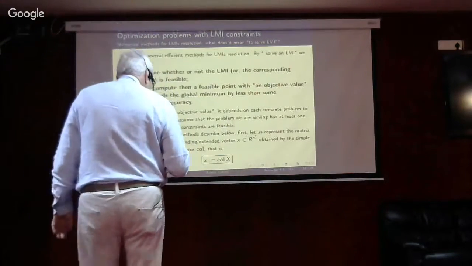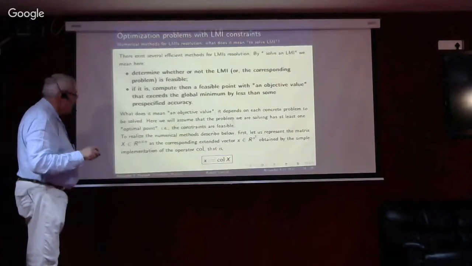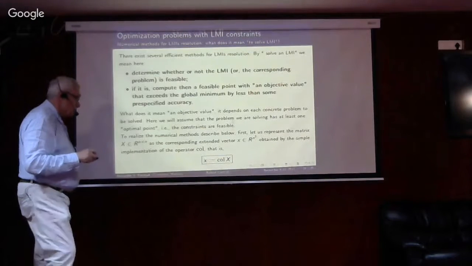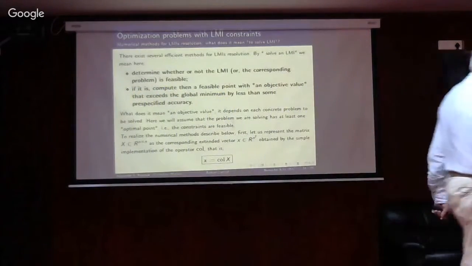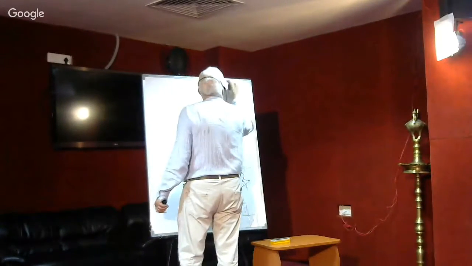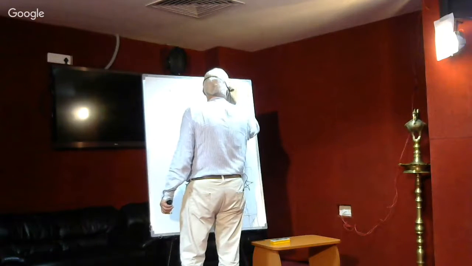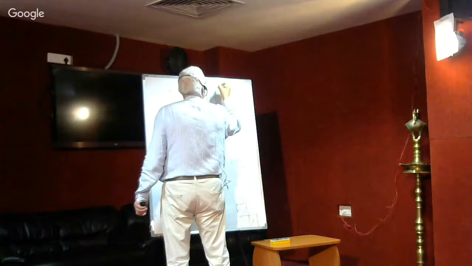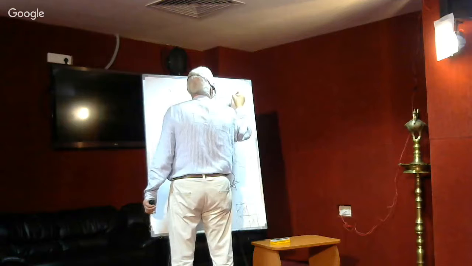So first, if we consider a symmetric matrix X, we can define the vector x as the column of this matrix. What does it mean? You have matrix X, this is X large. What is this column operator of X?